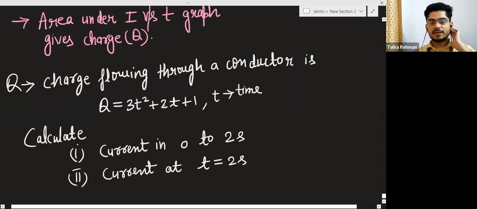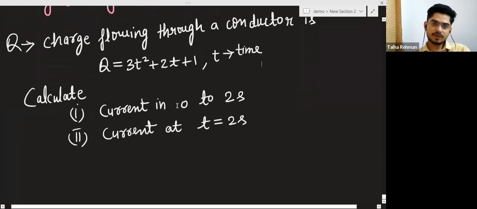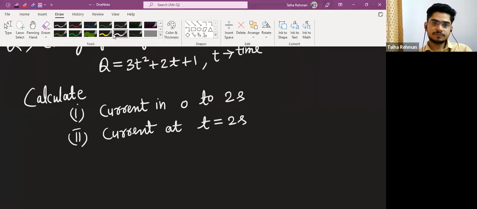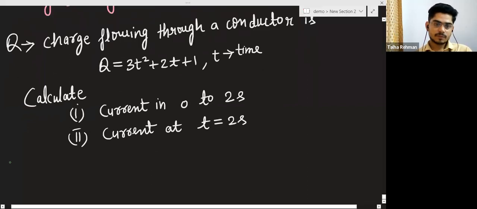Charge is flowing like this in a conductor, which means charge is varying with time. As the time changes, the charge will change in a conductor. Please listen to this carefully.